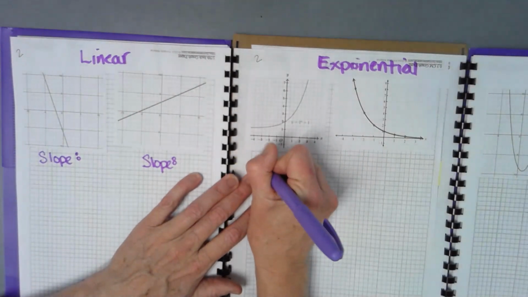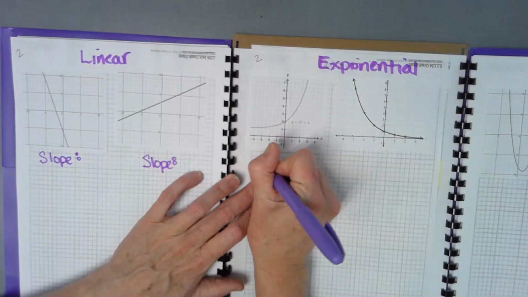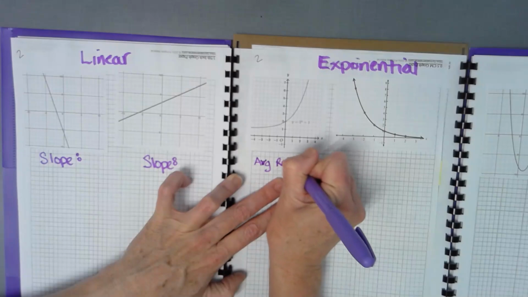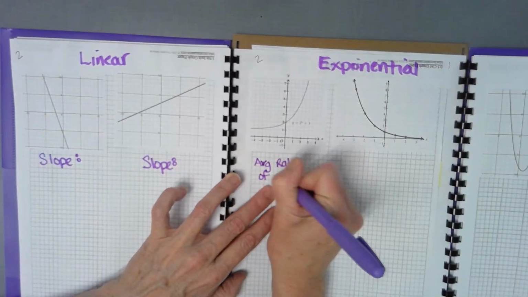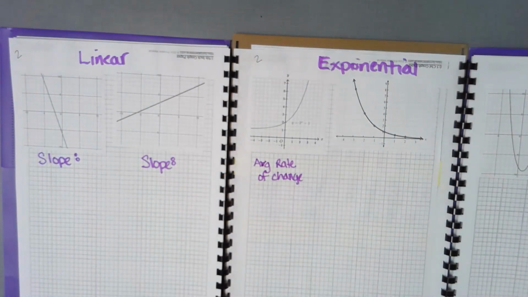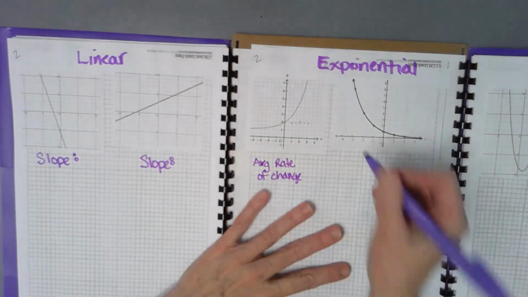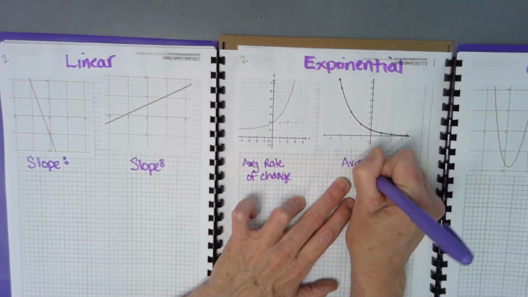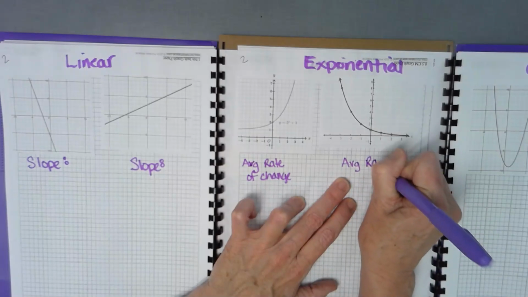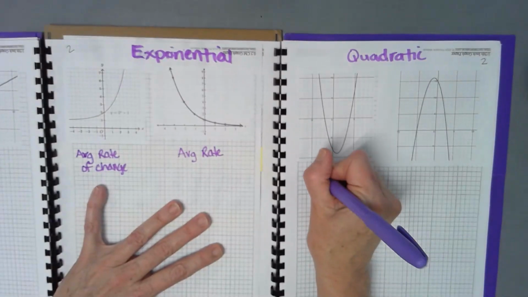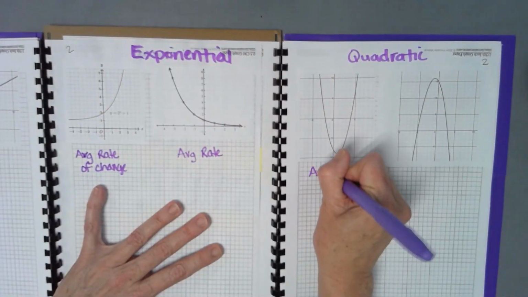It's called average rate of change, if it will not bleed through. If you want to write it in a pen, you can. So average rate of change goes for all the rest. If you just want to write average rate, I'm fine, but you need to know that when it says average rate of change, that's the slope.